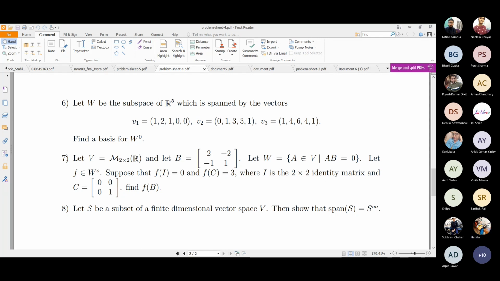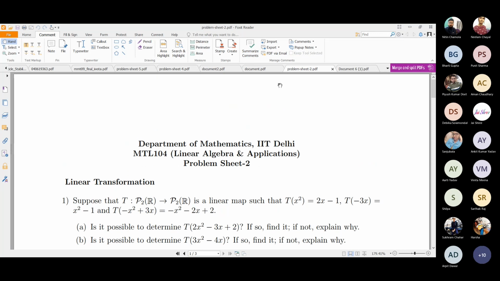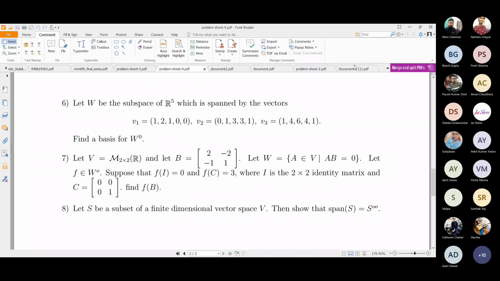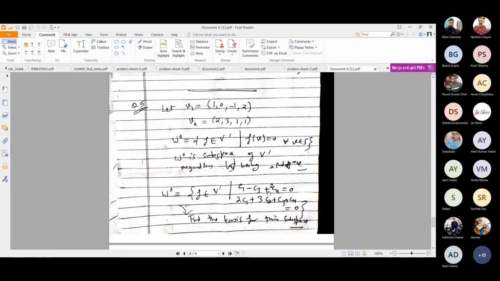It is basically the larger version of the previous problem, so it is for your practice. You can try this. Here you have three equations because you have three vectors given, and just write this properly. So what is the dimension here of W naught, if I ask you?